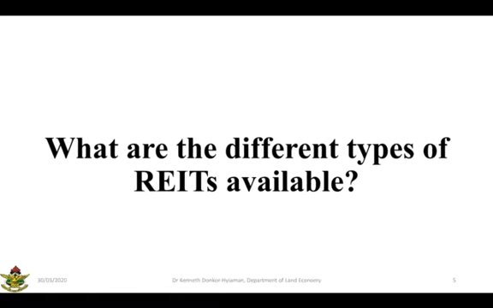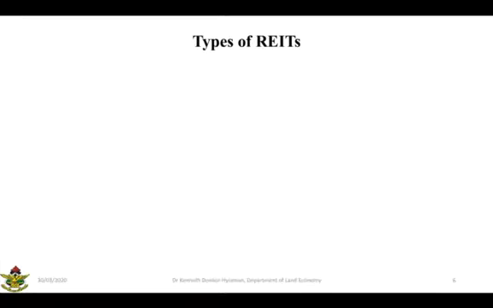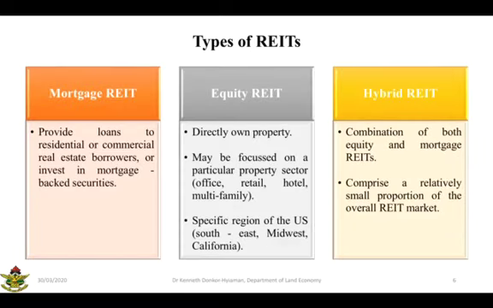Now, are there any types of REITs available? I would like to tell you about 3 different types of REITs available. We have what we call mortgage REITs and what we call equity REITs, and the last category being hybrid REITs.